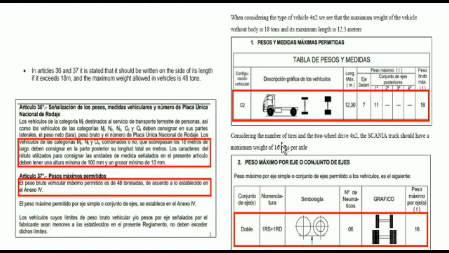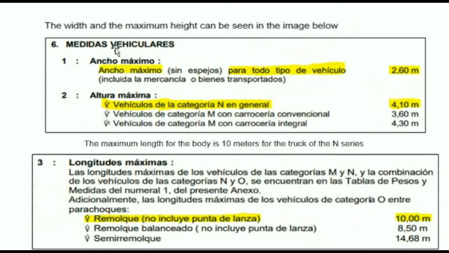Then considering the number of tires and the two wheels driven, the Scania 442 truck should have a maximum weight of 16 tons per axle, because the Scania truck will have traction only in 2 tires, and we can see this in the picture. And the last part we have the width and the maximum height.